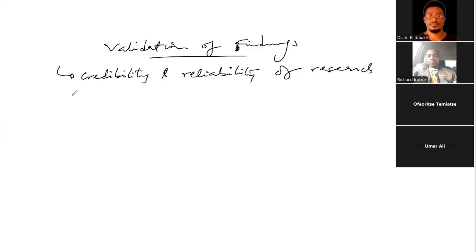And this validation must adopt multiple techniques. You don't just want to validate using one technique and say, oh, well, the research is good. Okay? So how do we do this?